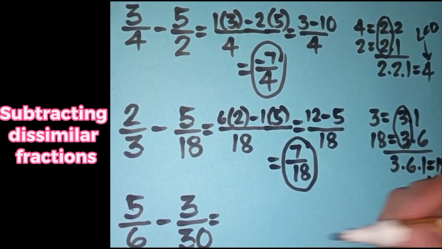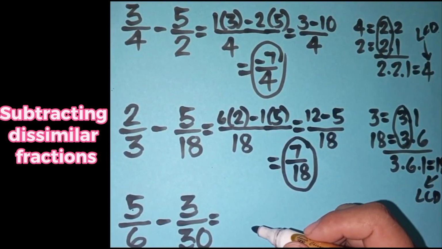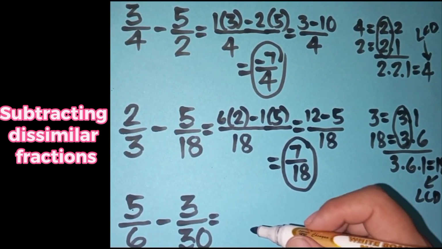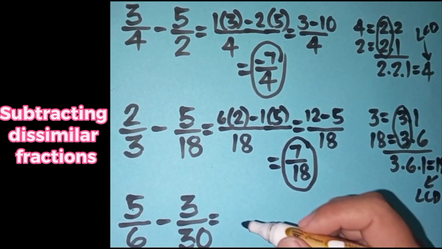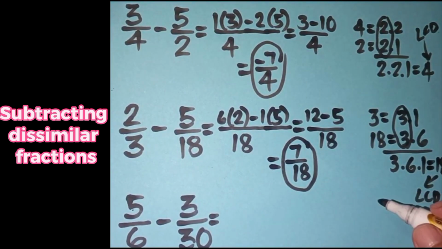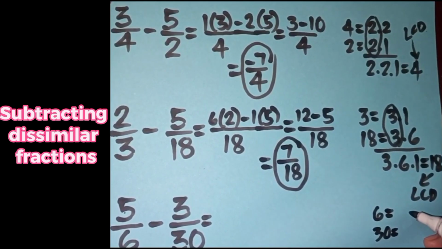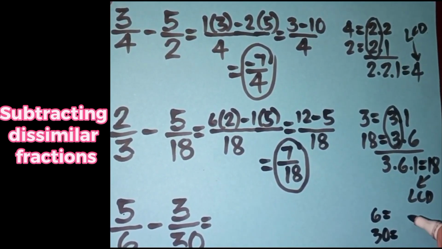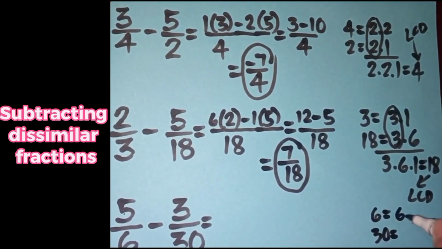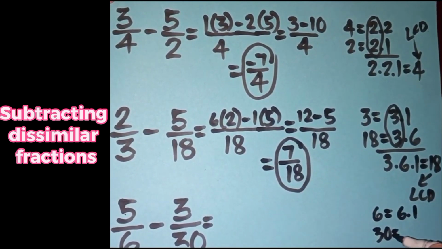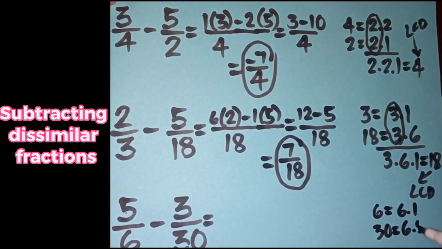And for the last number, we have 5/6, or 5 over 6, minus 3 over 30. Same process we have to take. We have to factor 6 and 30 to find the LCD. So 6, we have 6 times 1. And for 30, we have 6 times 5.